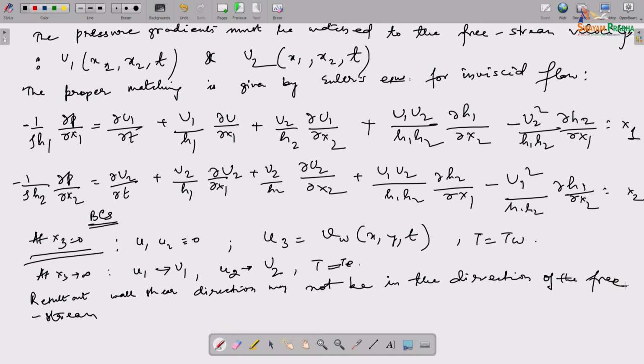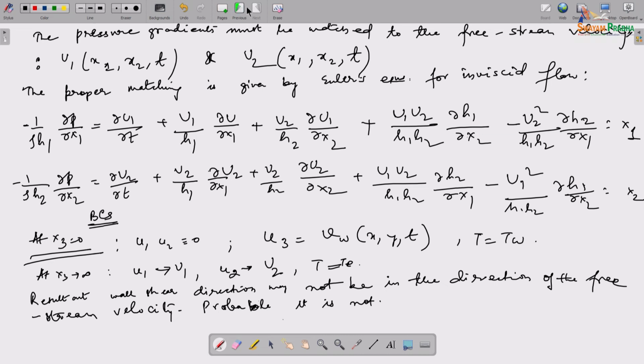Free stream velocity. Okay, so we got that in place. Well, that's all really the 3D.